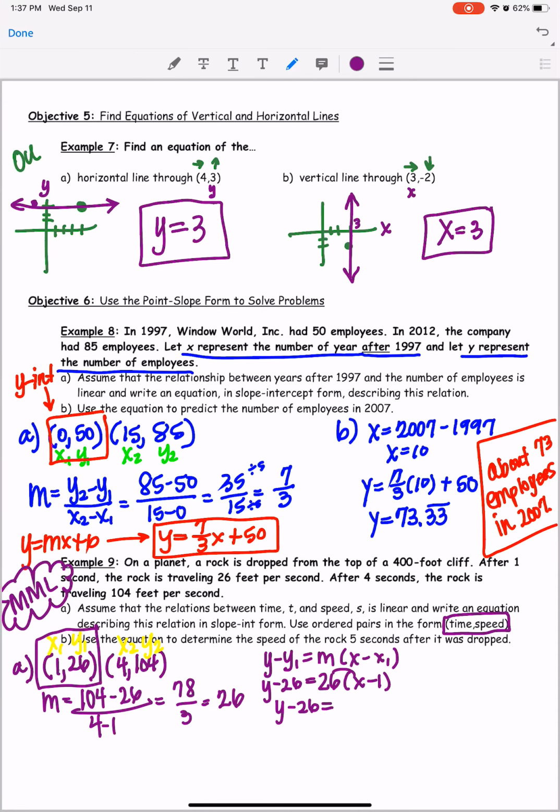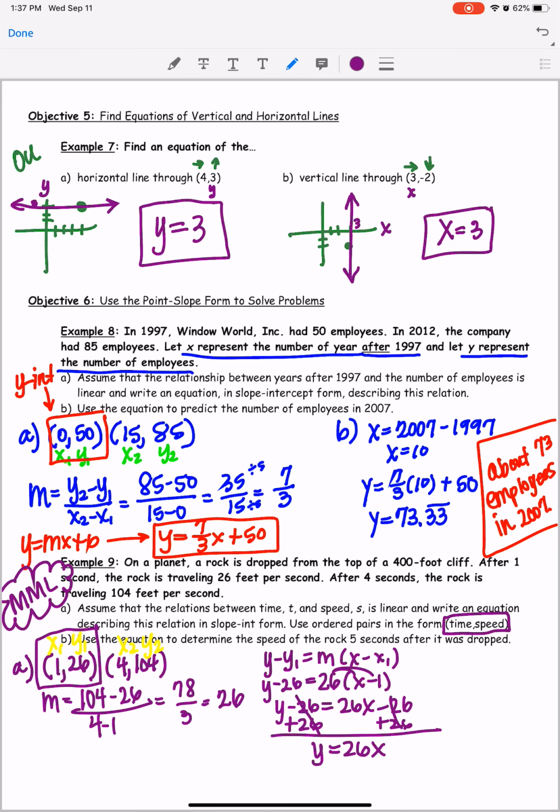So 26 times x and 26 times negative 1. Then get y by itself. So we need to add 26 over. And so we get y equals 26x. That cancels out too, so just y equals 26x.